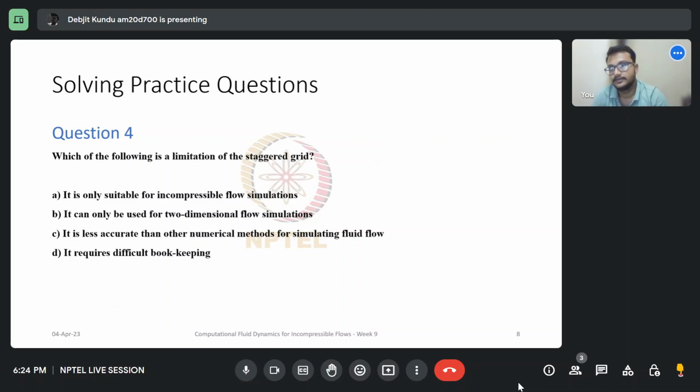Option C, it is less accurate than other numerical methods for simulating fluid flow. Or is it option D, it requires difficult bookkeeping? So which one would it be? Which is the primary limitation of a staggered grid?